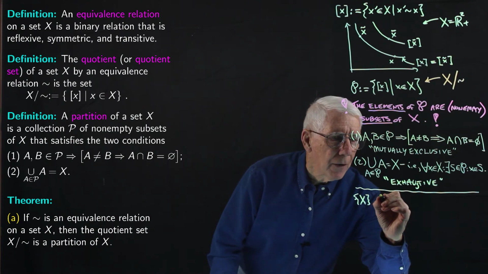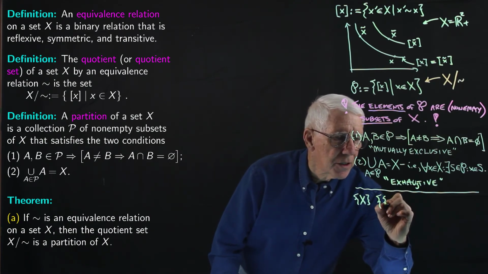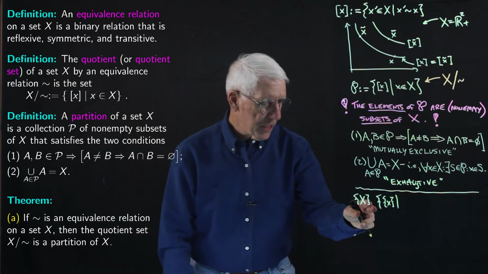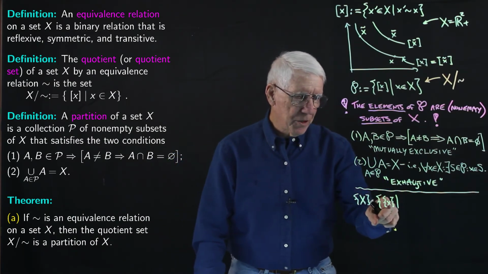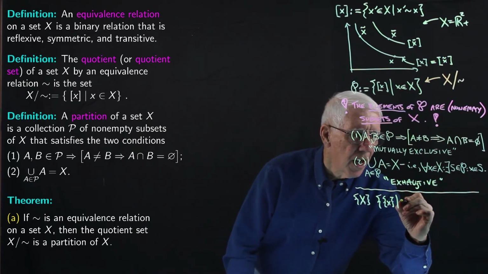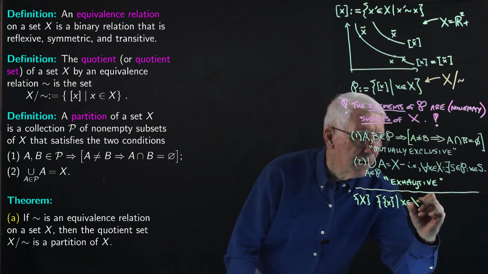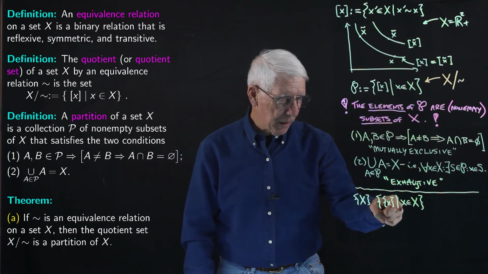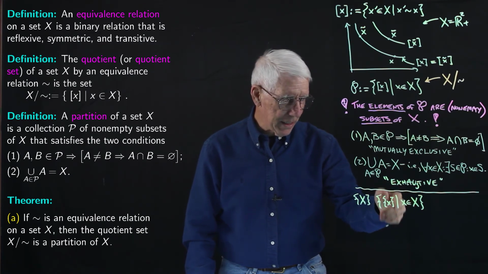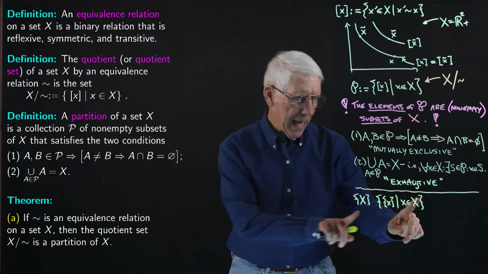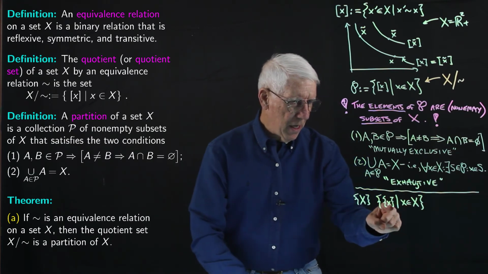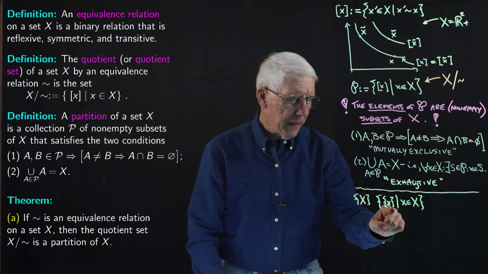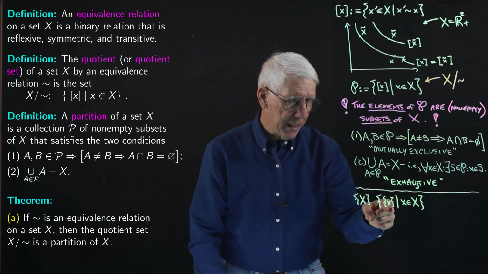And so what about the set whose elements are themselves singleton subsets of capital X? It's all the singleton subsets because all the x's are over here on the right-hand side of the vertical line. So this is a set of subsets of capital X because the brackets are here. Each one's a non-empty subset because each one has a single element x in it.